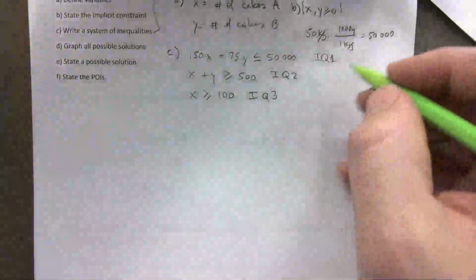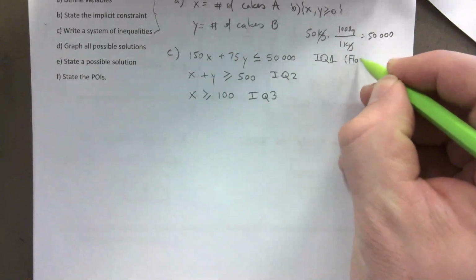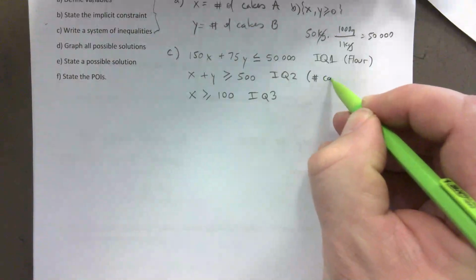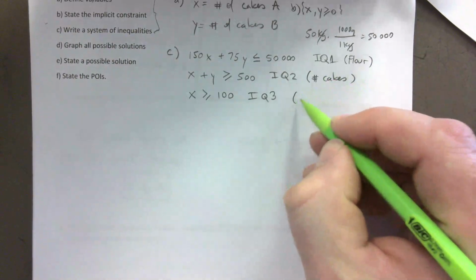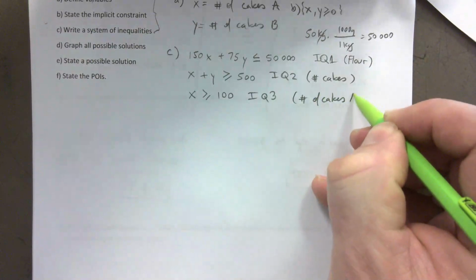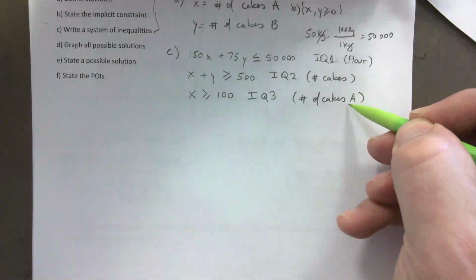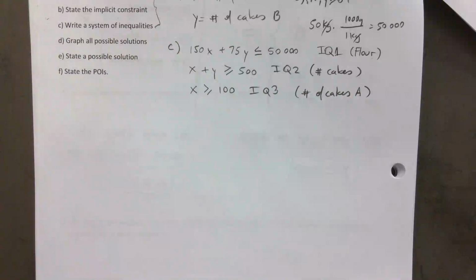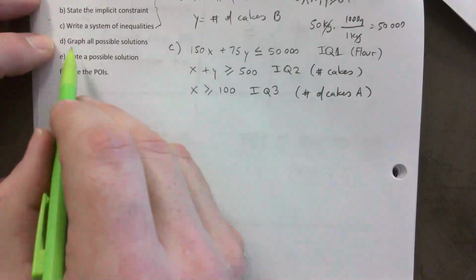This one talks about flour, this one talks about the number of cakes, and this one is the number of cakes of type A. Those are the restrictions. Every inequality you add gives you less and less of a solution region. It shrinks it.